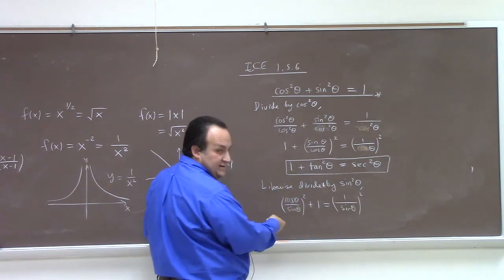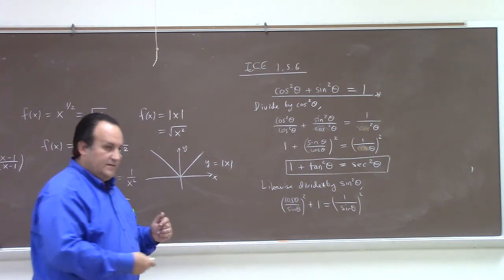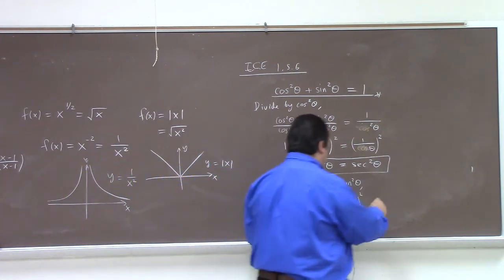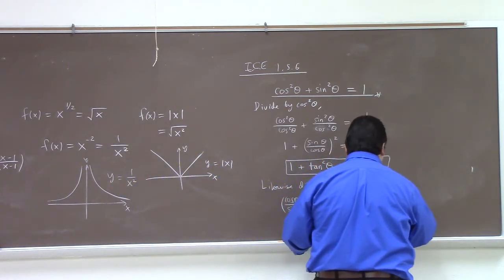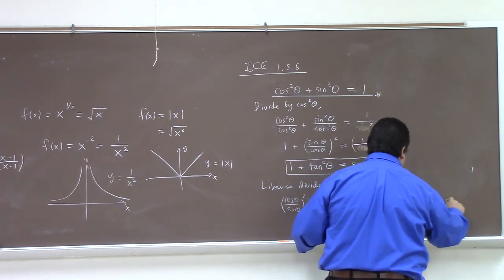Which is to say, cosine over sine is called cotangent, and 1 over sine is called cosecant. So this gives us cotangent squared theta plus 1 equals cosecant squared theta.